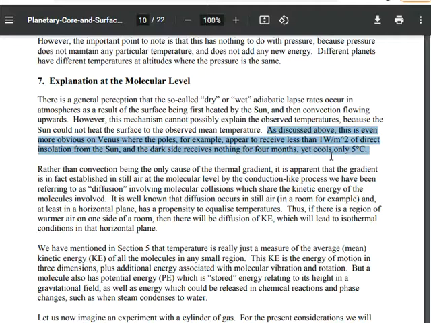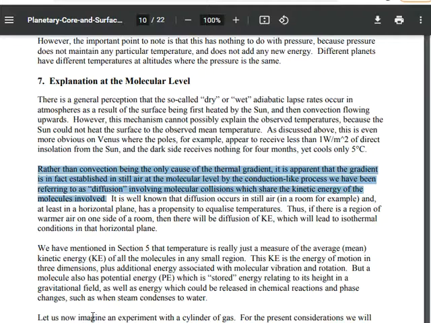It just matters where the equilibrium temperature actually is. So the maximum theoretical temperature that the sun could impose on something is probably like 5800 Kelvin. All right.